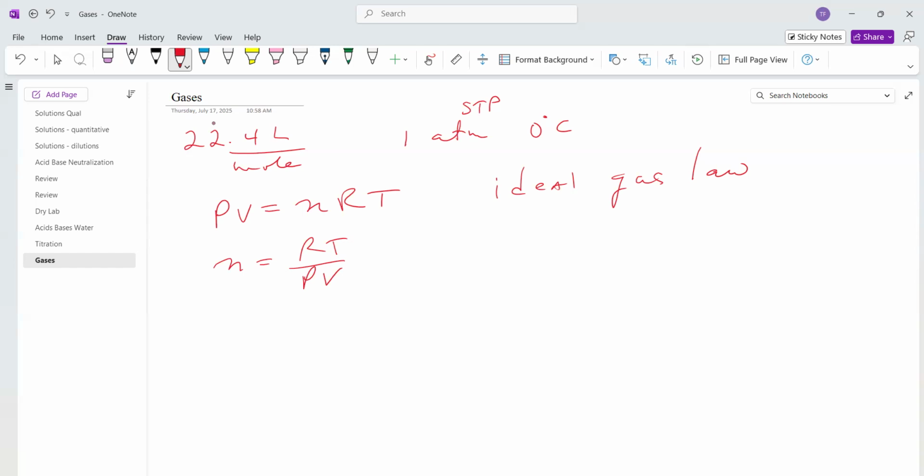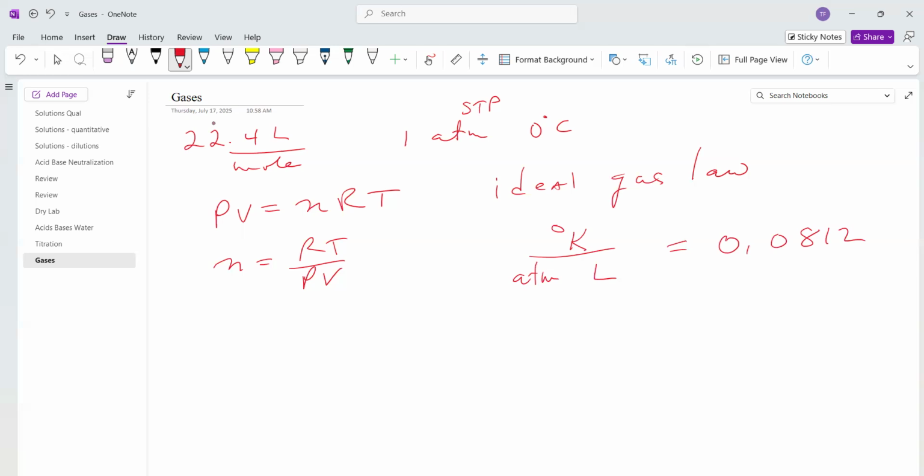Okay, so let's talk about R for a second here. When you look at the units here, we've got degrees K, we've got atmospheres, and we've got liters. So the R value when we're using Kelvin, atmospheres, and liters is 0.0821.